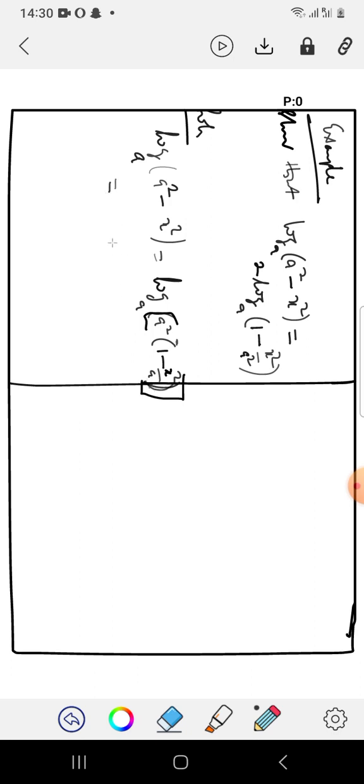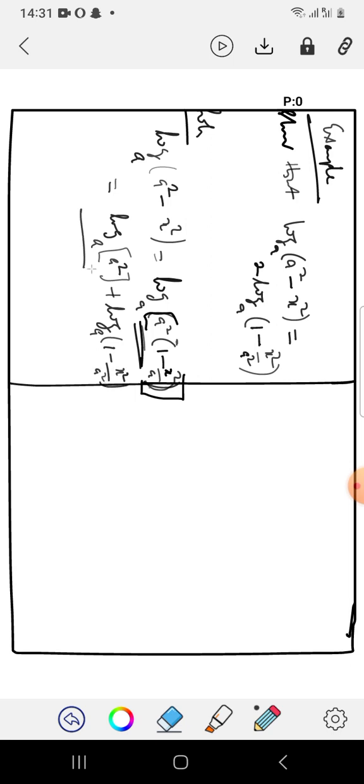So this is the same thing now as log base a of a squared, which you can now see is a product, plus log base a of (1 minus x squared over a squared).